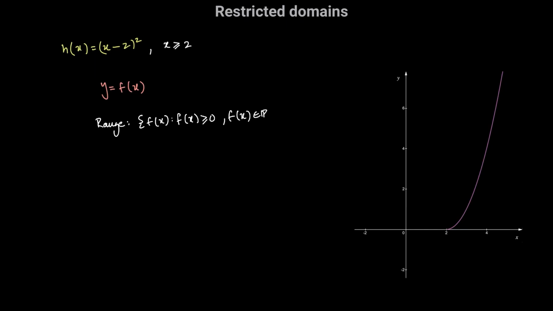Or we can say over here that, since y is equal to f of x, the range of y is such that y is greater than or equal to 0, and obviously again y is a real number. Or in simpler terms, we can say that the range over here is f of x greater than or equal to 0. Again, it's implied over here that f of x is a real number. Or we can say that y is greater than or equal to 0.